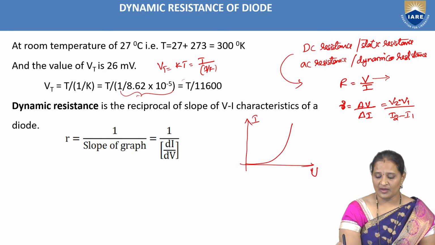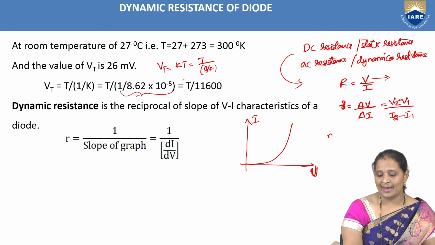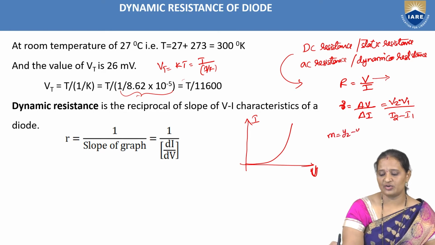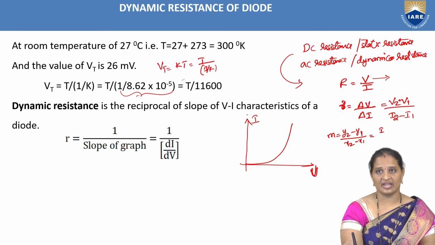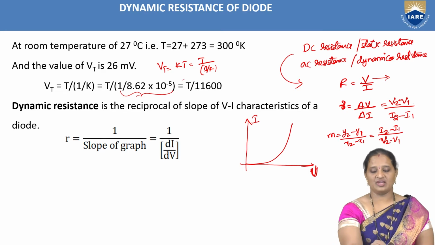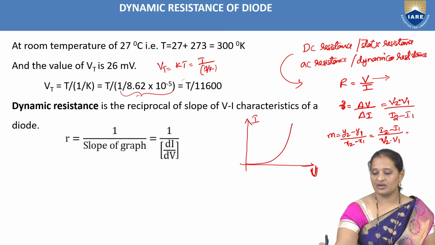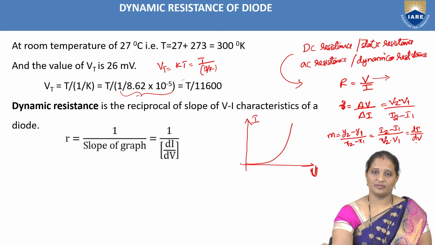The slope is always given by m, which is nothing but y2 minus y1 divided by x2 minus x1, where on the y-axis we are taking current I. So that is I2 minus I1 divided by V2 minus V1. That is why we can say that this is dI by dV, which is the slope of the characteristic curve of PN junction diode.